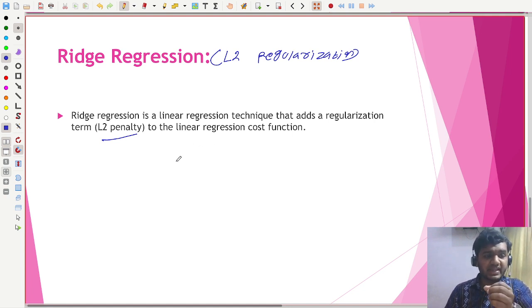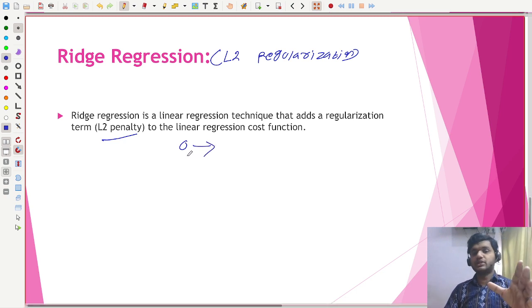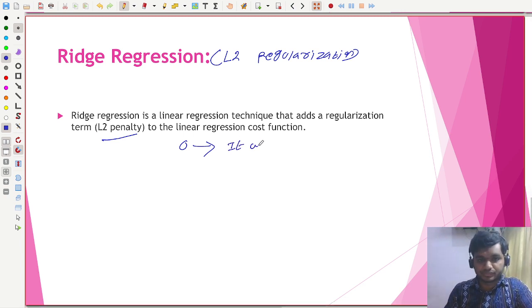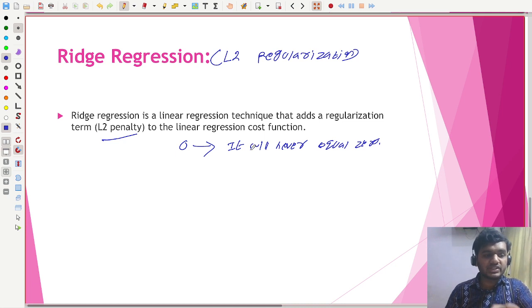Ridge regression helps to shrink the coefficients towards zero, but does not set them exactly to zero. It will never equal to zero. It is useful for reducing the impact of multi-collinearity in the dataset.